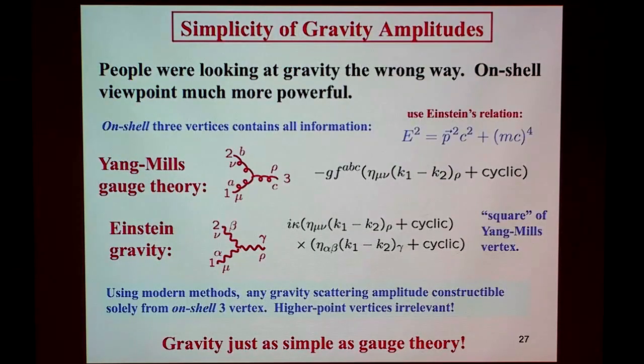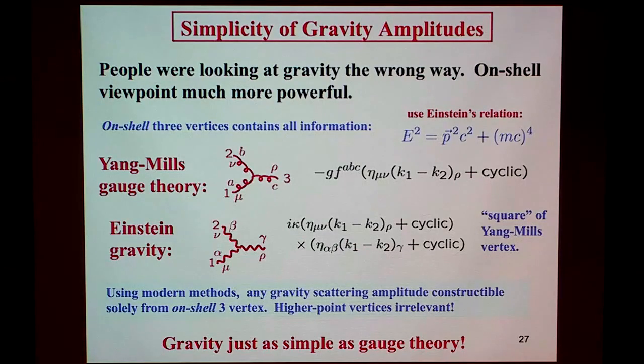The better way of looking at things is to not violate Einstein's relation. If you use Einstein's relation, you can clean that up. We look at Yang-Mills theory, and you see, okay, not too much happened. It's still pretty simple. But look what happens to Einstein gravity. This looks just like that. It looks like 2 copies. And that's not an accident. That's actually something very profound.